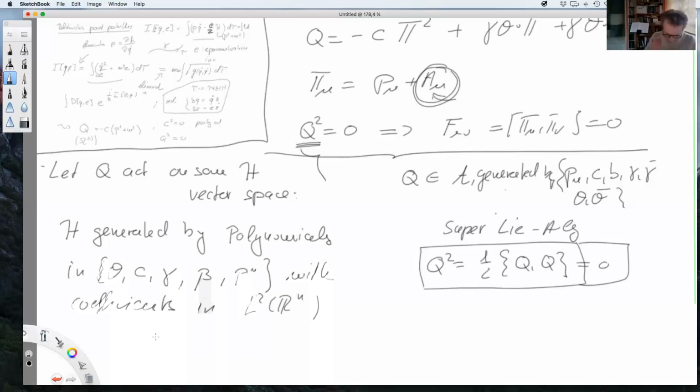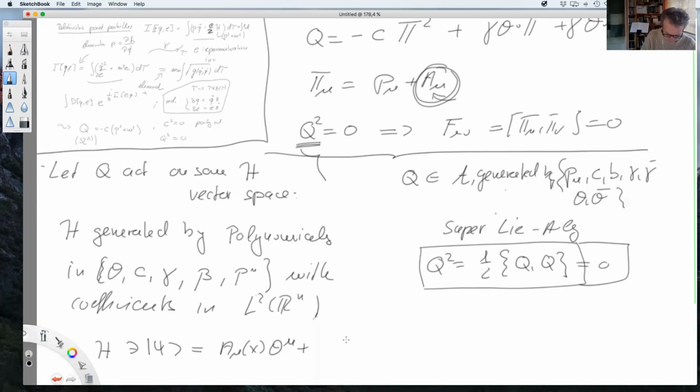I think this has been introduced before, but I'm going to make a point which I think is due to him, and is the following: let us take an element of H to be of the form, then we have something like A_mu of x theta^mu, plus, say, we could write something like this.